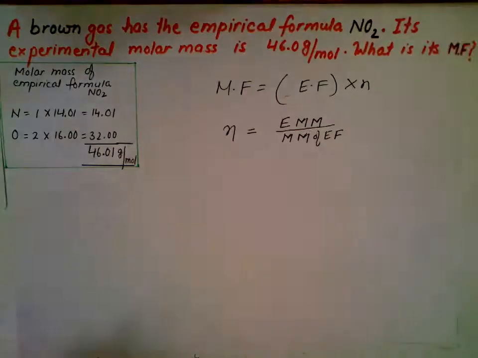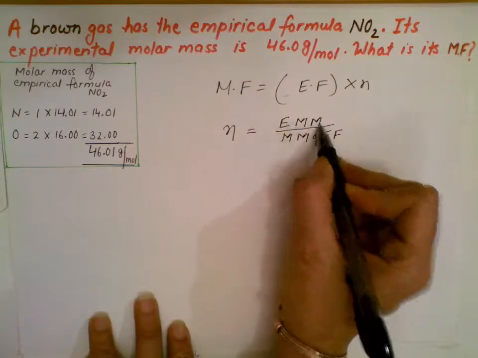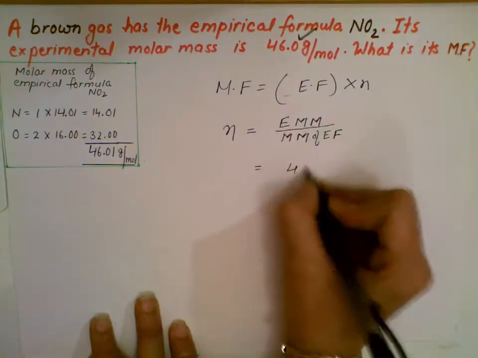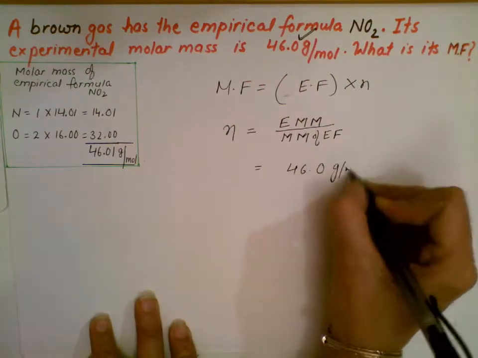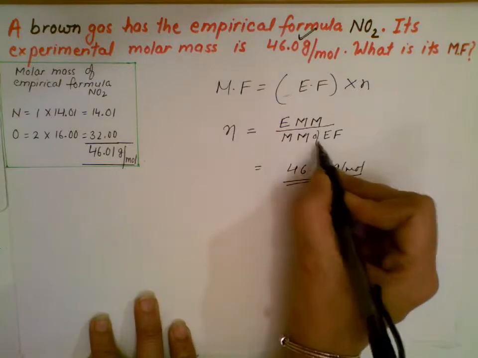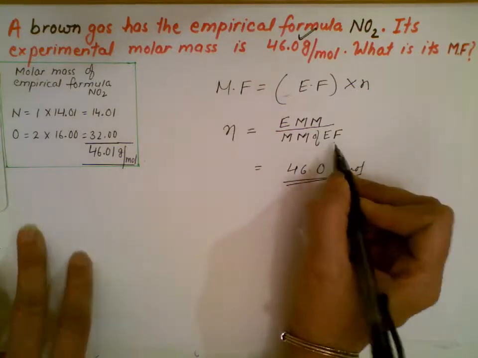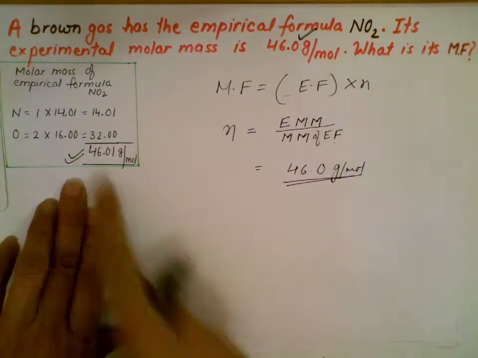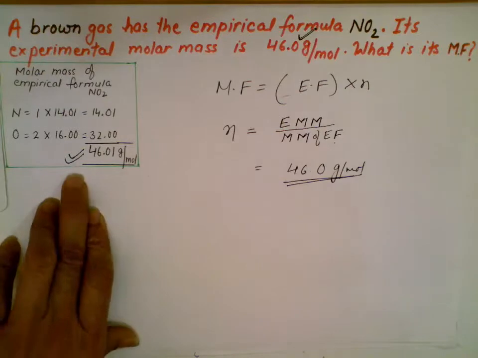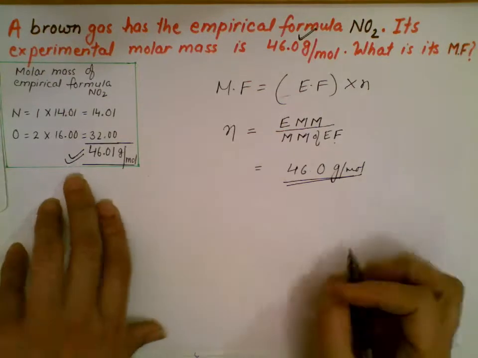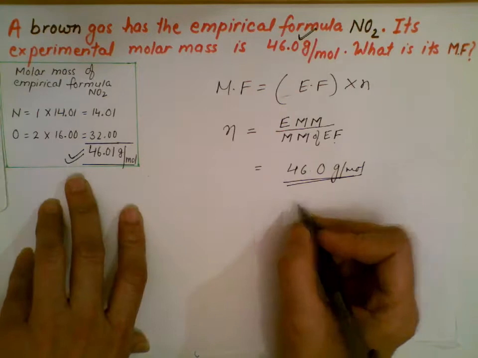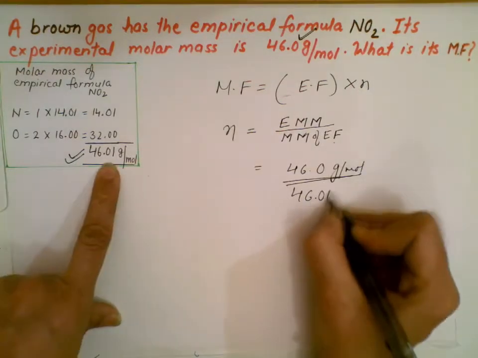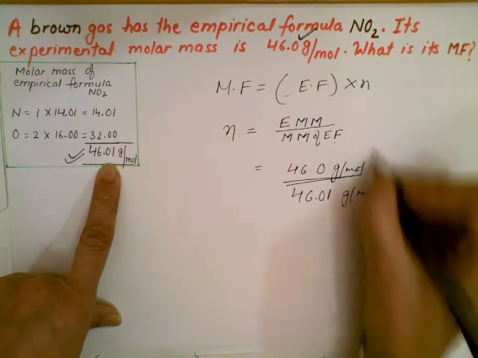So what is the experimental molar mass? It is already given in the problem, which is 46.0 grams per mole. The molar mass of the empirical formula you have figured out right here by using the periodic table, using the molar mass of each element in that molecule, which is 46.01 grams per mole.